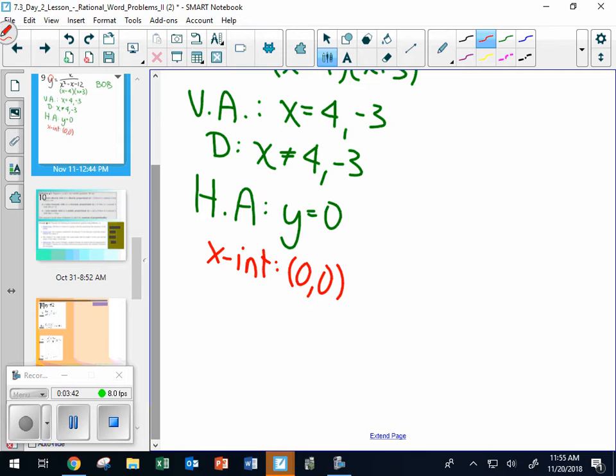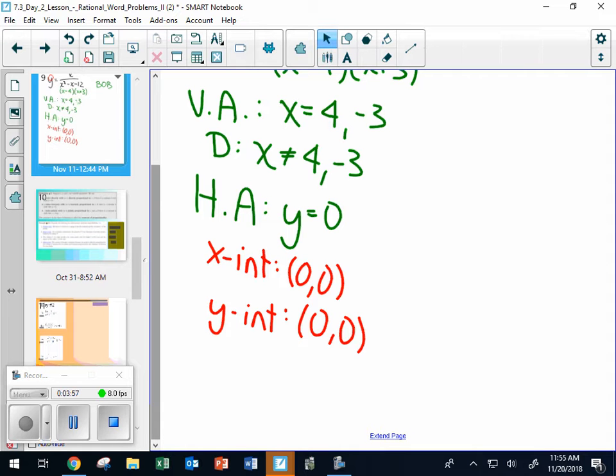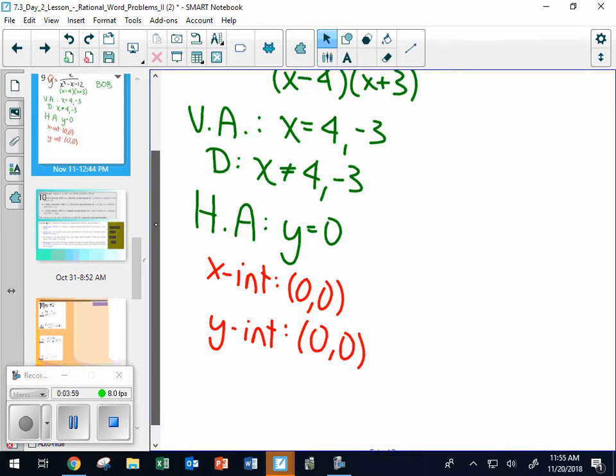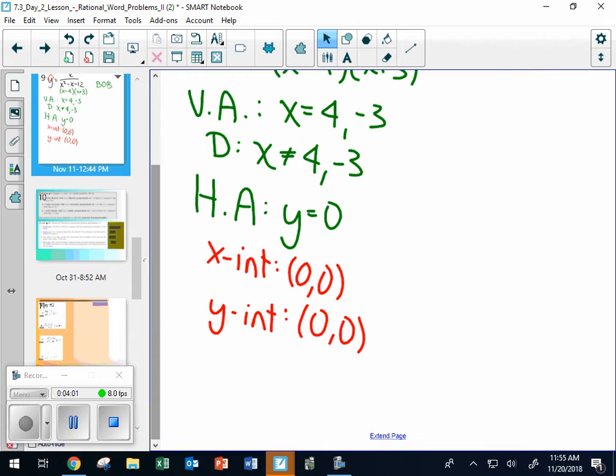Alright? And then, if we want the y-intercept, what do you think the y-intercept is going to be? Also at 0? Because if your x-intercept is at 0, 0, you have to have a y-intercept at 0, 0. Okay. Do we have any holes? No. So we don't have to worry about those.